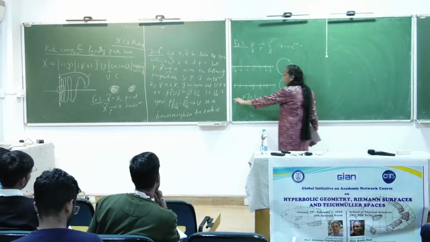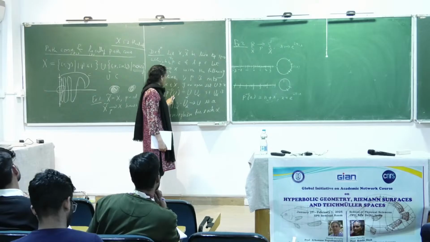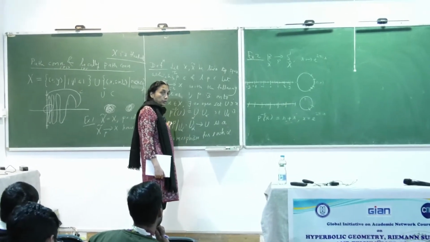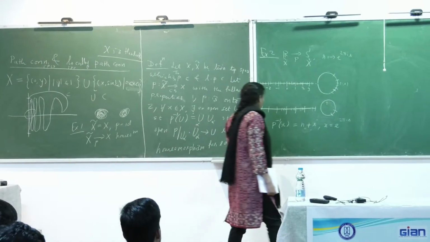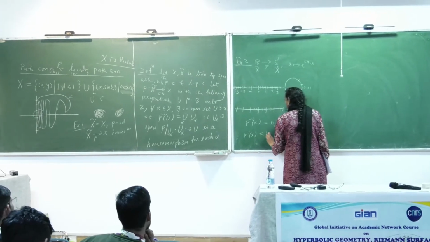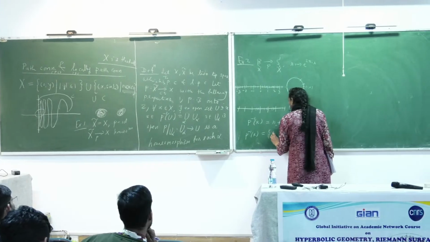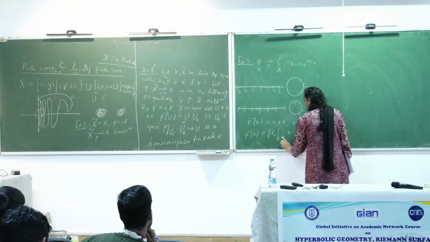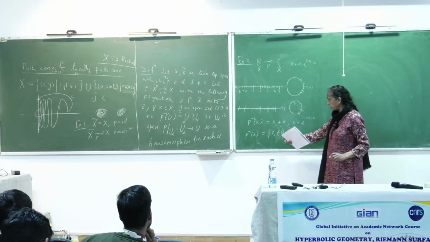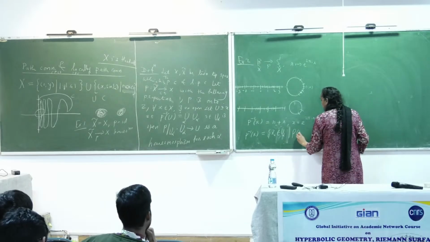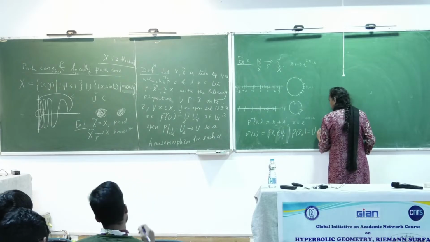And if you look abstractly here, P inverse of point x belongs to each of them, because each U alpha is homeomorphic to the whole U. So P inverse of x is a union of x tilde alpha, which belongs to U alpha, and it's unique because U alpha is homeomorphic to U, so the inverse image will get exactly one element in this, such that P of x tilde alpha is x.